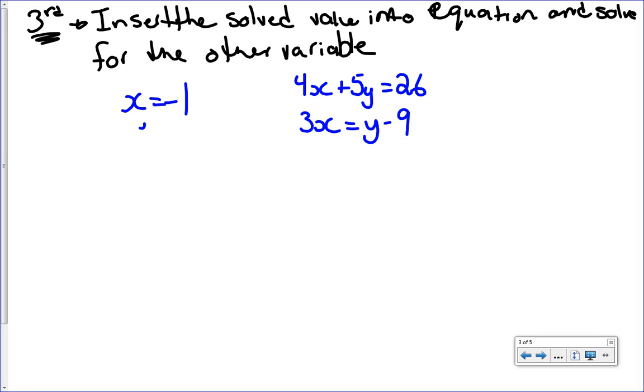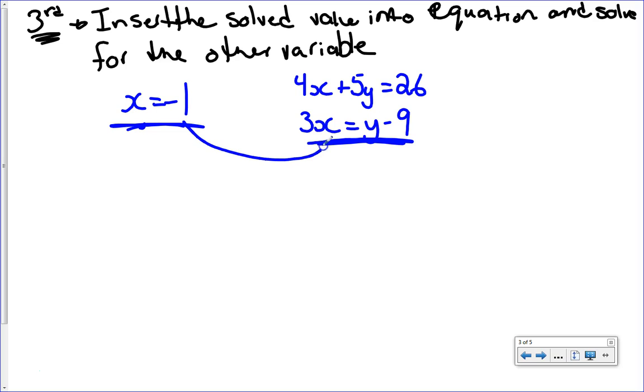Whatever equation I decide to substitute this into does not matter as long as I'm solving for y. In my opinion, I always like to insert that x into the easiest equation, and to me, this one here is the easiest equation.